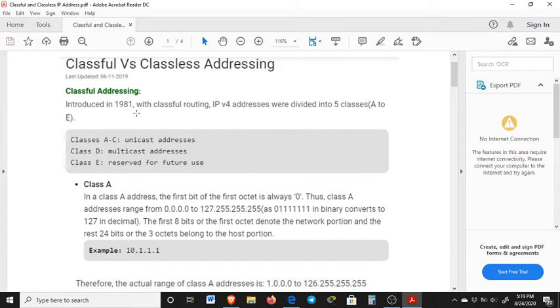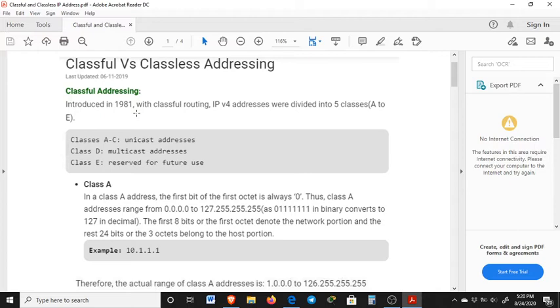IP version 6 can support as many devices as needed, but IP version 4 has only a limited number of IP addresses.